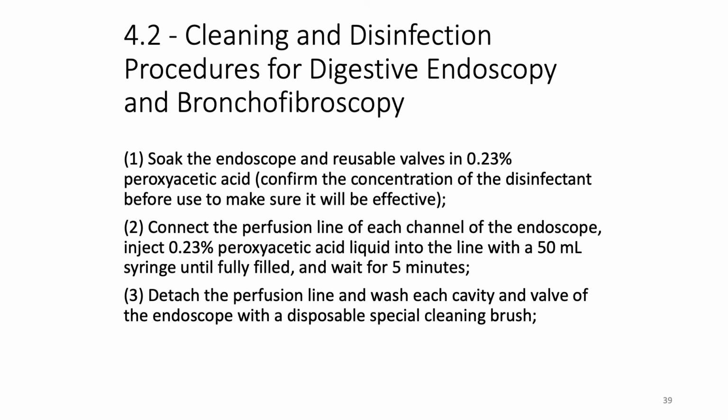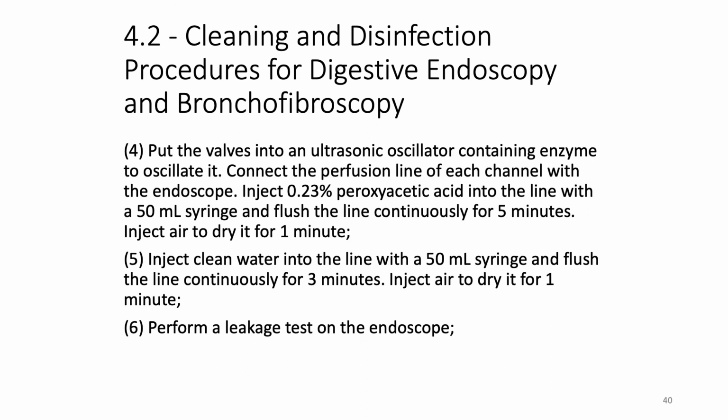3. Detach the perfusion line and wash each cavity and valve of the endoscope with a disposable special cleaning brush. 4. Put the valves into an ultrasonic oscillator containing enzyme to oscillate it. Connect the perfusion line of each channel with the endoscope.